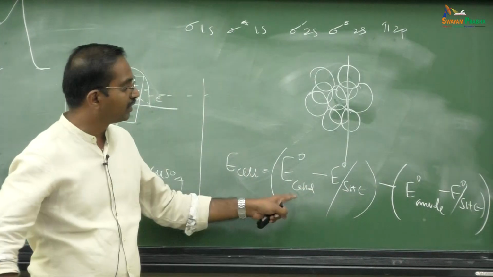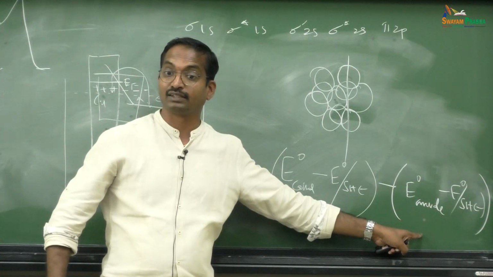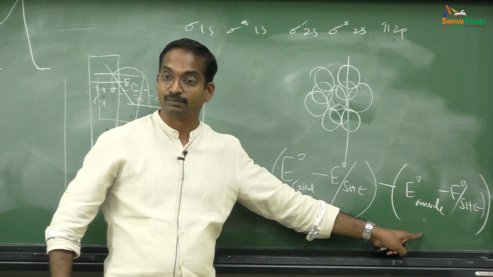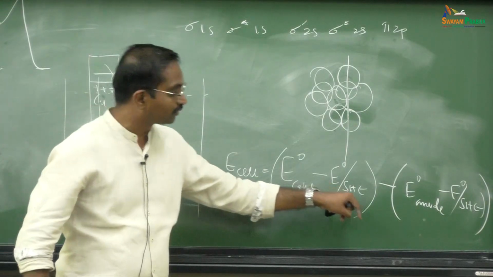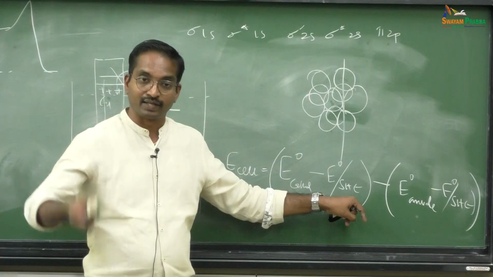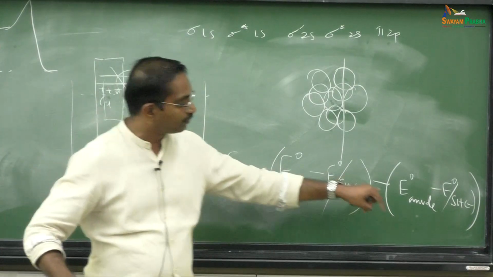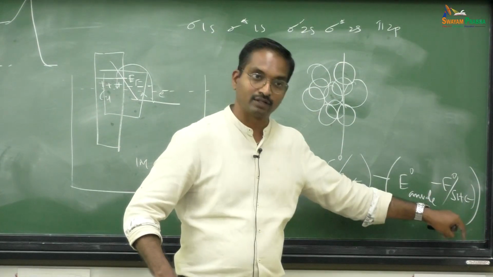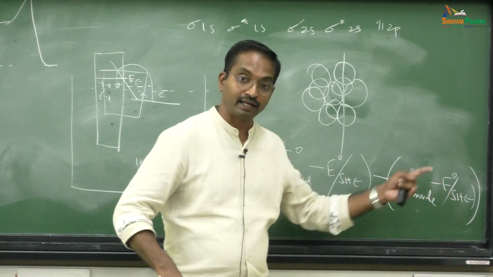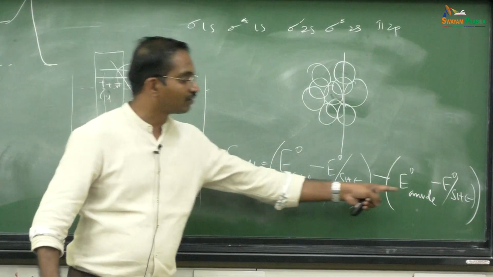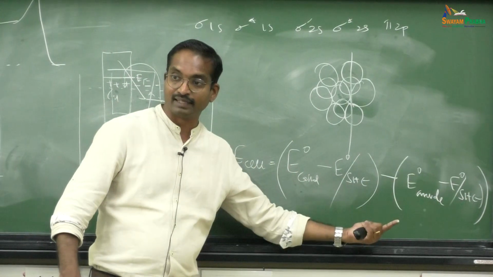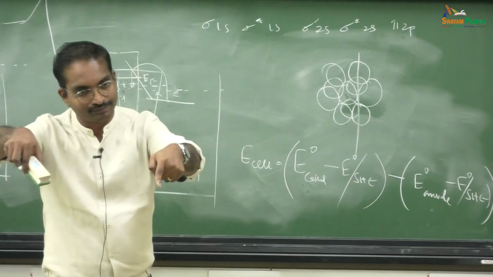What have I done? I have done two measurements here. What is the first measurement? In the first measurement, I measured the potential of my cathode with respect to a reference electrode. In the second measurement, I measured the potential of my anode with respect to a reference electrode. In both cases, I used the same reference electrode, so in the difference the reference electrode will vanish. It is nothing but the difference in potential of these two electrodes.